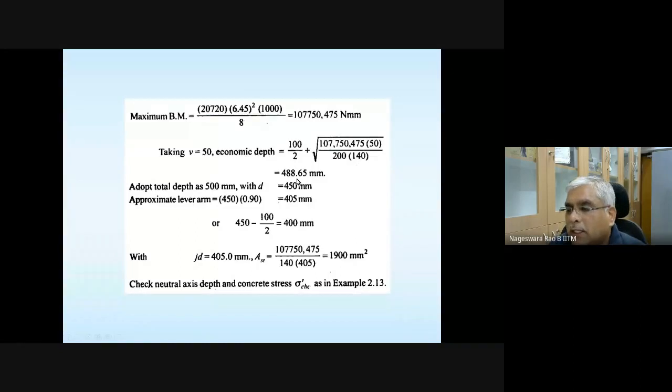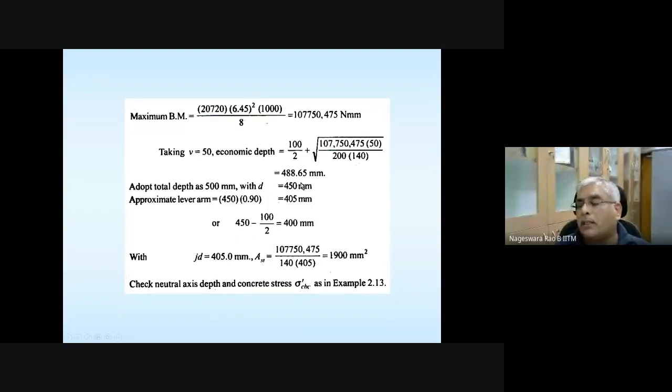And if you deduct the cover thickness, you are going to get the actual depth. The actual depth is going to be 450 mm. And economical depth is 488, whereas we are adopting 450. And this can be justified, like the shuttering cost and other things, 10% accounting that this can be further reduced. So 480 can be further reduced to 450. So this is the effective depth.